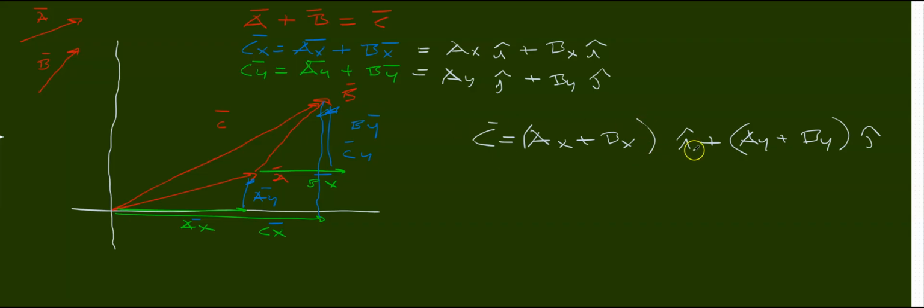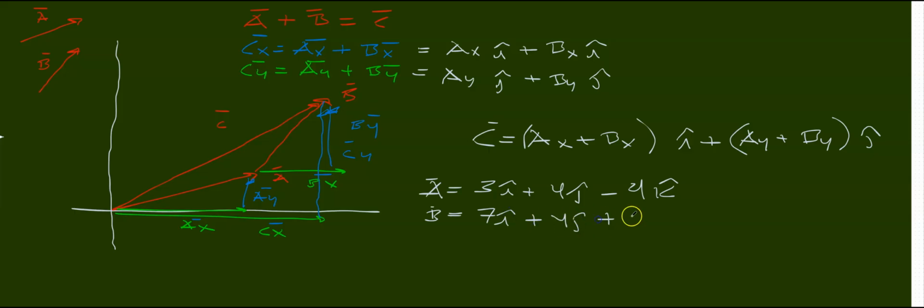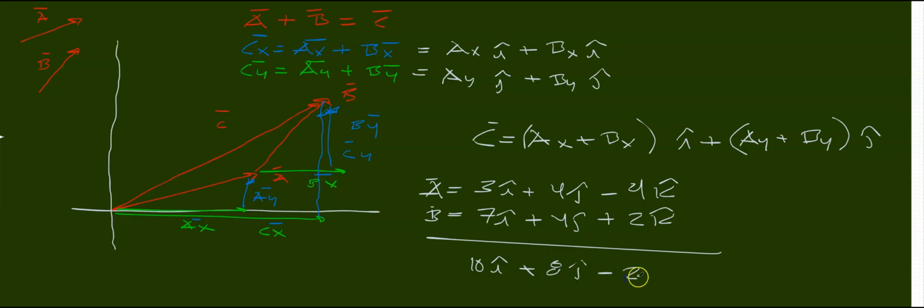This also has the incredible power that if you ever encounter a vector A that has components, let's say 3i plus 4j minus 4k, because it's a vector in 3 dimensions, and your vector B is 7i plus 4j plus 2k, then you add them, you just do algebra, 10i plus 8j minus 2k.